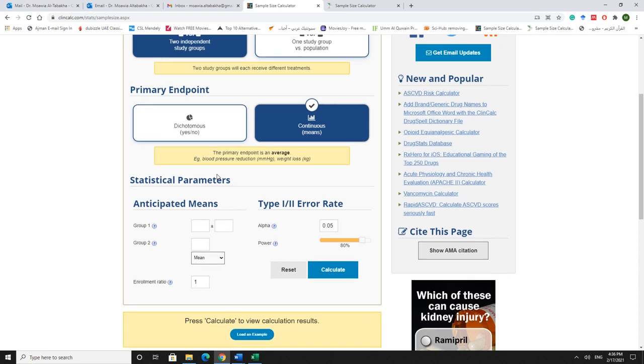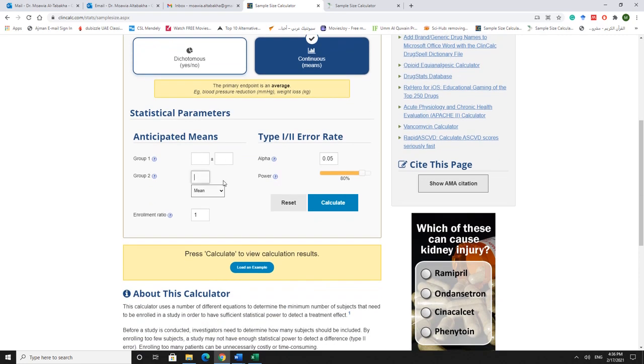I know that for drug B, which is the control or maybe another drug, from literature or from my knowledge or from previous studies, I will get 190. Look here, it tells us what the mean is.